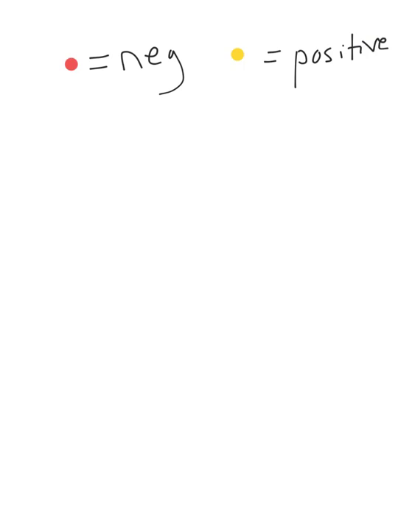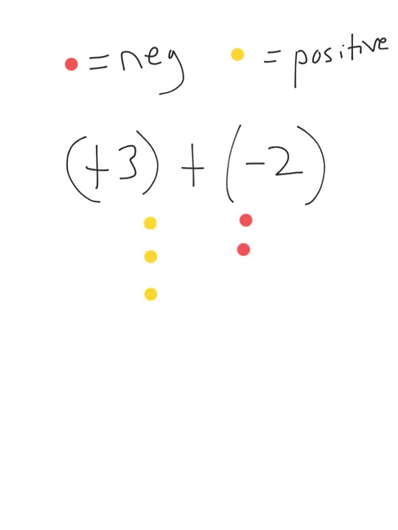Another kind of addition question of integers you might come across is something like this. Positive 3 plus negative 2. Here you see I've illustrated the positive 3 with 3 yellow chips and the negative 2 with 2 red chips. Something we talked about at school was a zero pair.